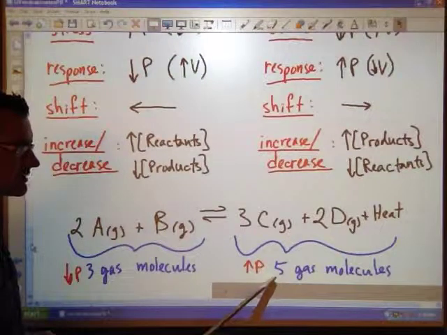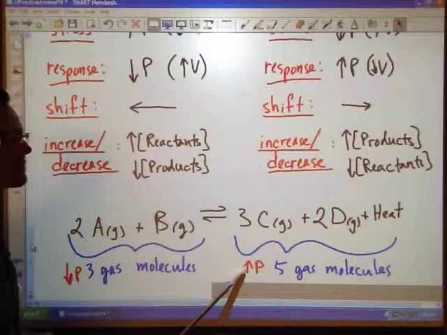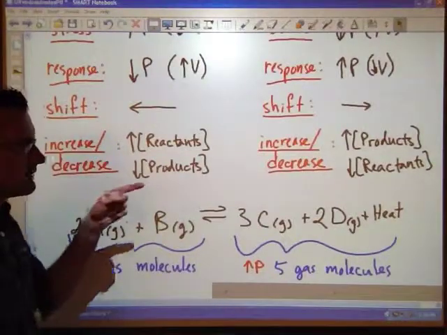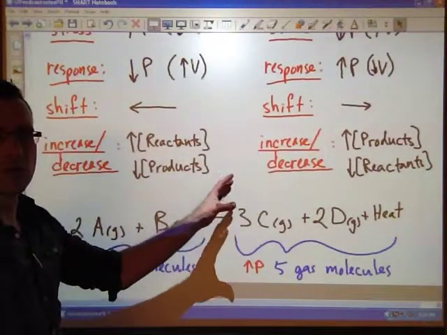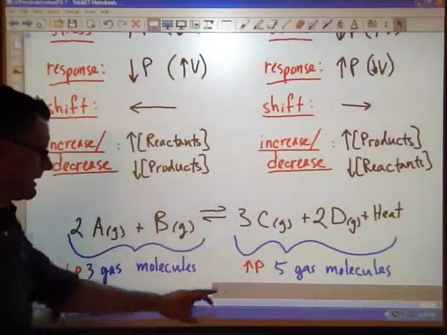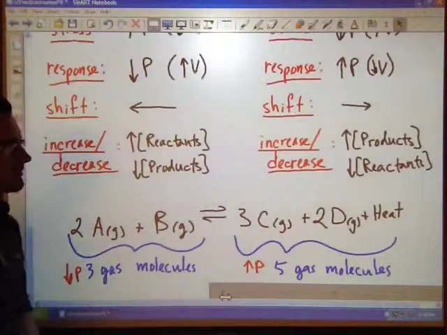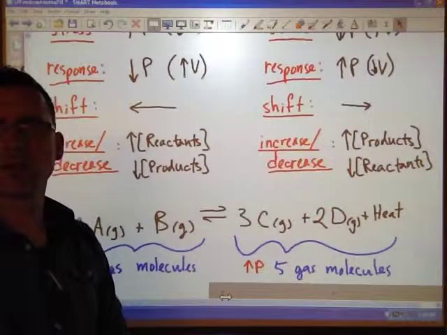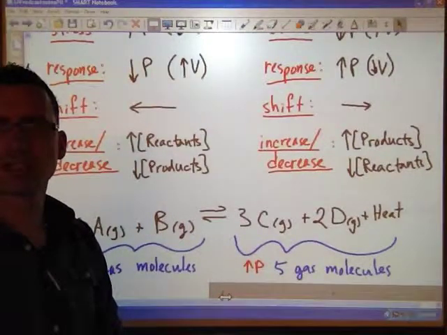More gas molecules means increased pressure. So it shifts to the right, and if everything moves in that direction, more products will be formed and reactants will be used up. So in the next vodcast, we'll look at the final changes, or the change in equilibrium, and that will be temperature.